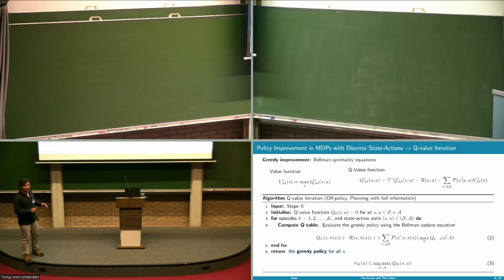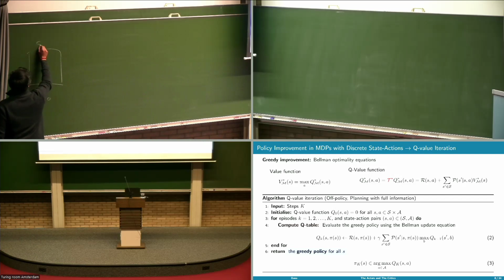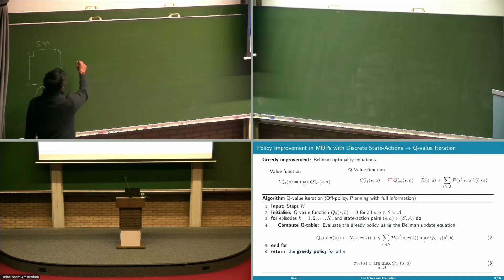So you have a Q table, right? Imagine you start with a Q0, which is S cross A. Now you take every element, you apply the optimal Bellman operator, and you update it to a Q1, which is also S cross A. You update this element first with your for loop, then one more, then one more.